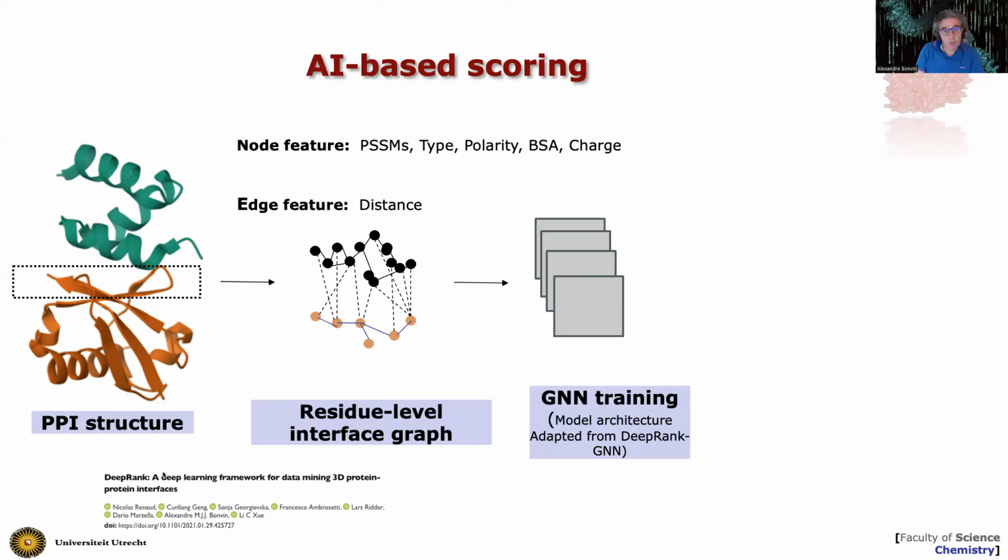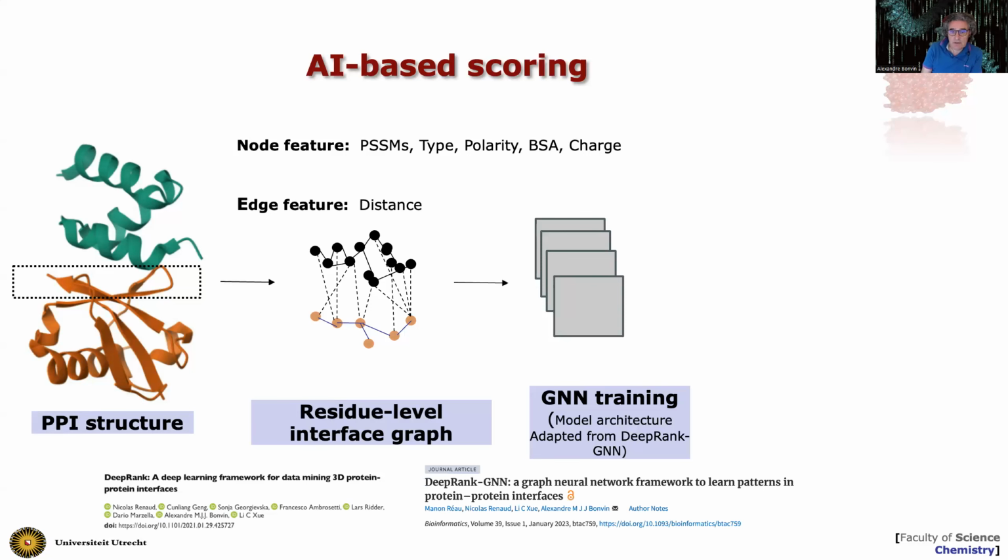And then we moved to replacing a 3D representation of the protein by a graph, and a graph has advantages. Here again, we train a deep neural network to classify those graphs as being a good model or a bad model. So that's DeepRank GNN, a graph neural network, which was published last year.